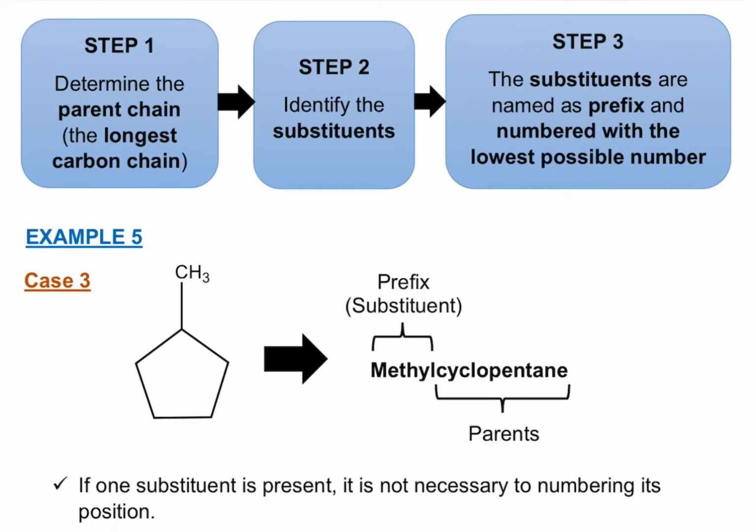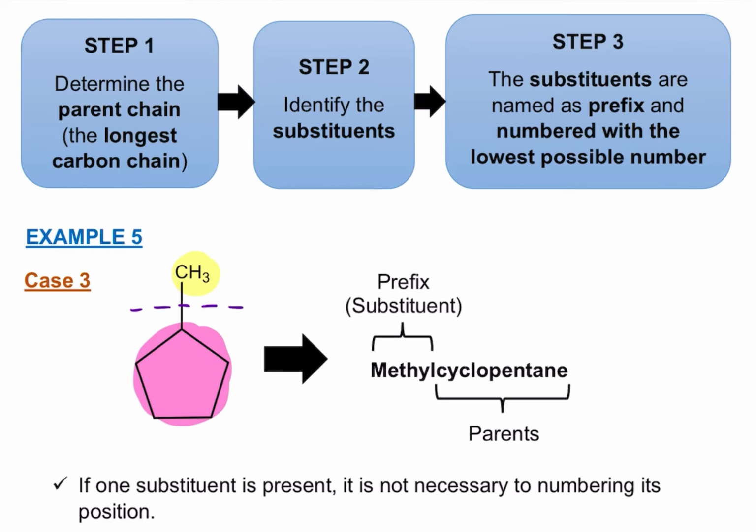For case 3, I have one structure. If I take a look here, I have 2 types of alkane. One of them is CH3 and one of them is the ring. So which one is going to be my parent? I'm going to determine the parent chain as the one with more carbon atoms. Here there is only 1, but in the ring I have 5 of them. So my parent will be this ring, and with 5 carbon atoms, the name will be cyclopentane.